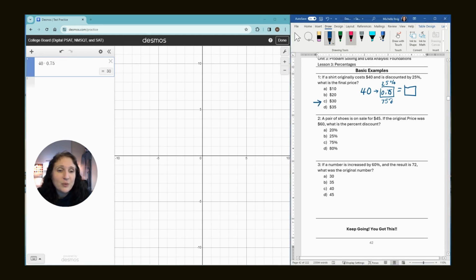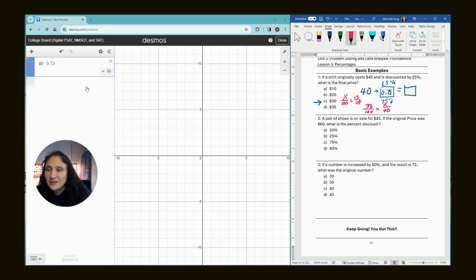Now I am going to show you one other way that you could do this. The other way you could do it is percent over 100 equals is over of, in which case we would have 75 still, because we're paying 75% of the original price. We don't know what our is, but we do know our of is 40.